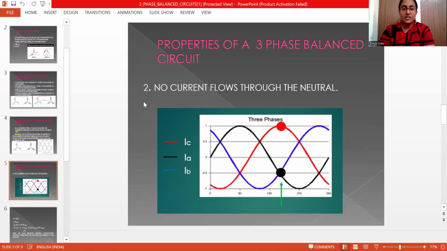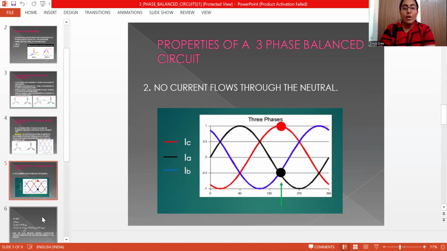So how do we understand this statement? We have a waveform here with three currents, IA, IB, and IC. Let us consider a point at 90 degrees. At 90 degrees, IA is I max, which means the current is maximum. IB and IC are minus 0.5 times I max.